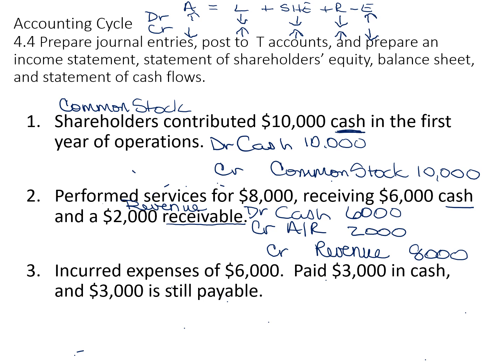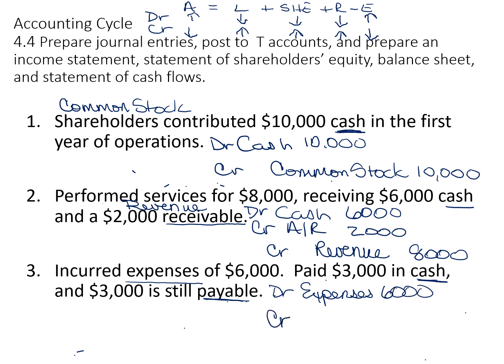The third one says incurred expenses, okay, so that's a big tip-off, of $6,000, paid $3,000 in cash, and $3,000 is still payable. So debits have to equal credits. Expenses were incurred, so I bet we're going to increase our expenses $6,000.